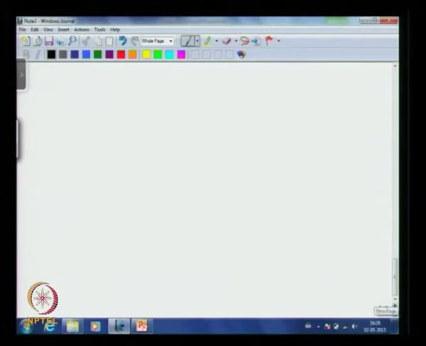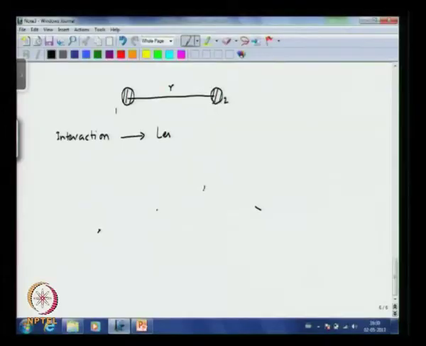Now, if we consider two molecules separated by distance r, this is molecule 1, this is molecule 2, their interaction is defined by the Lennard-Jones potential. Okay.